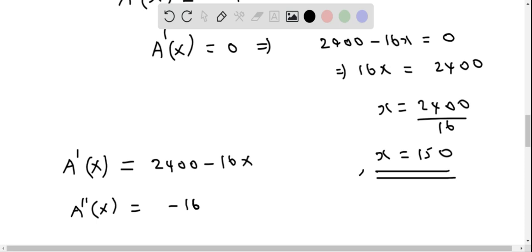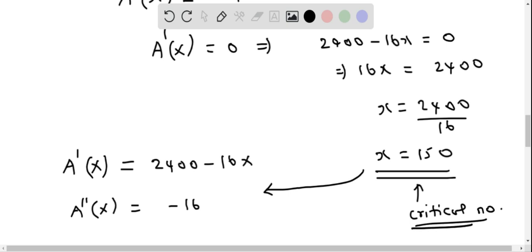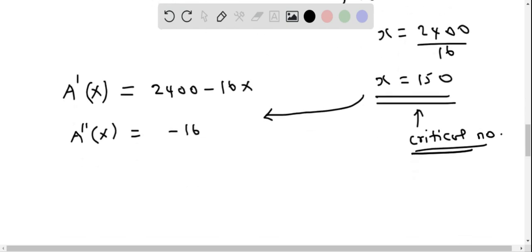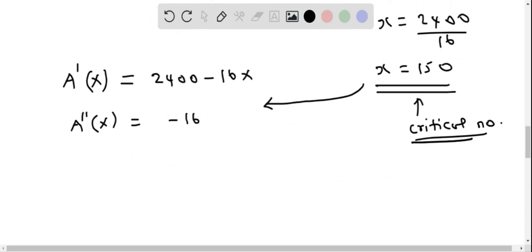Now we have to substitute the critical number into the second derivative and test whether it gives a maximum or minimum value.